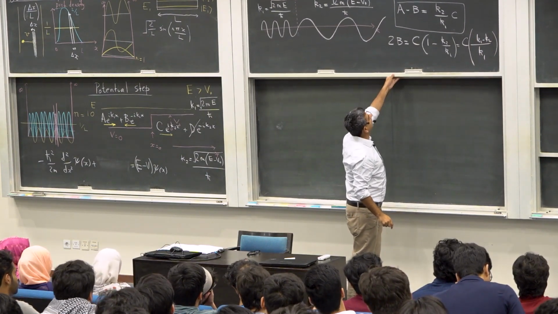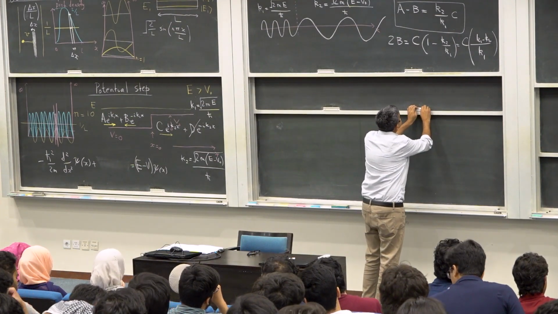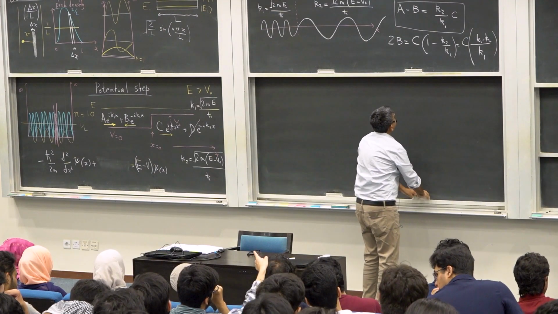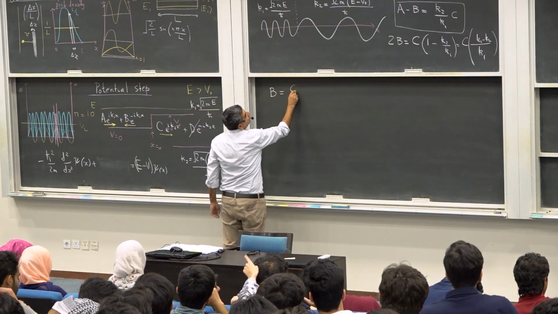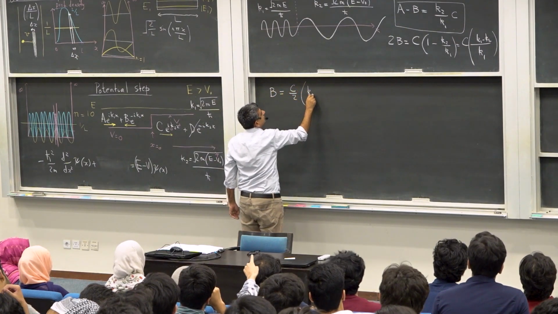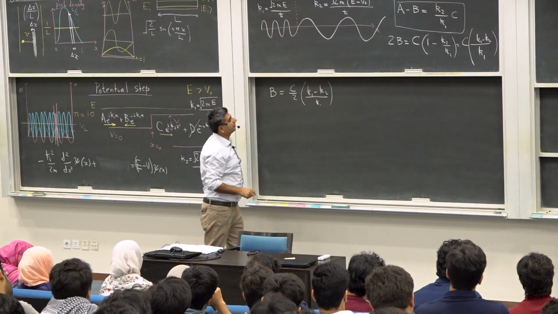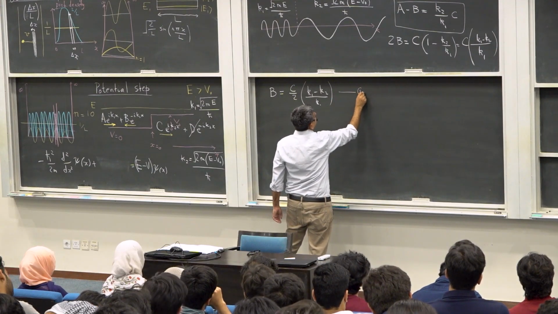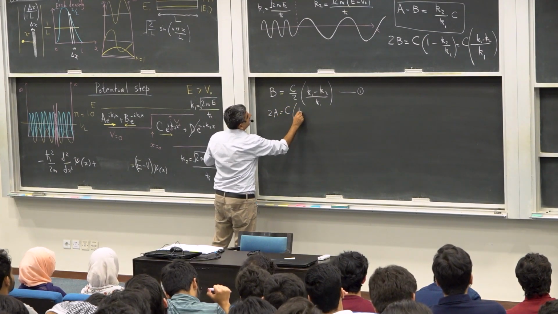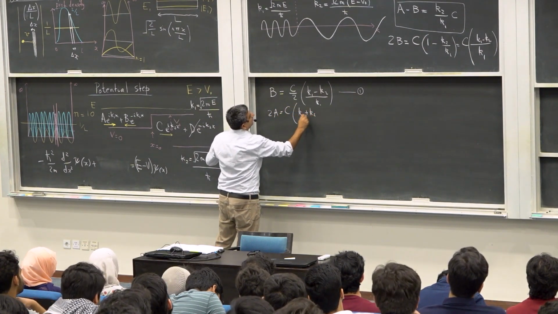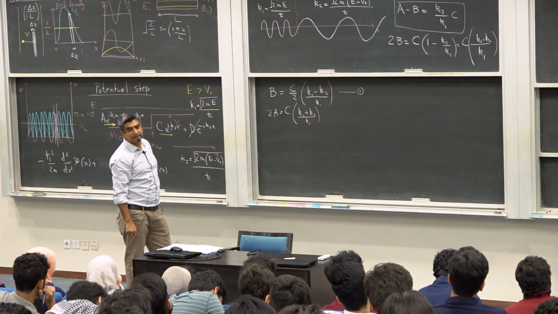This means b equals c over 2 times (k1 minus k2) over k1. And if I were to add the two equations, so let's call this equation number 1, I have 2a equals c k1, correct?